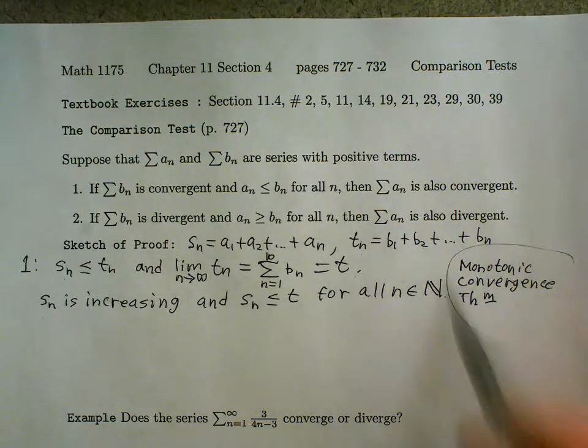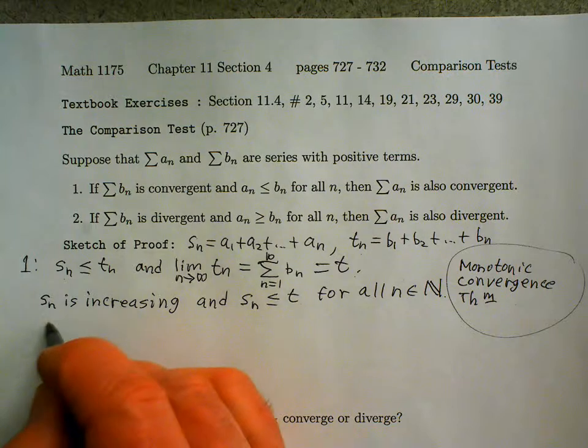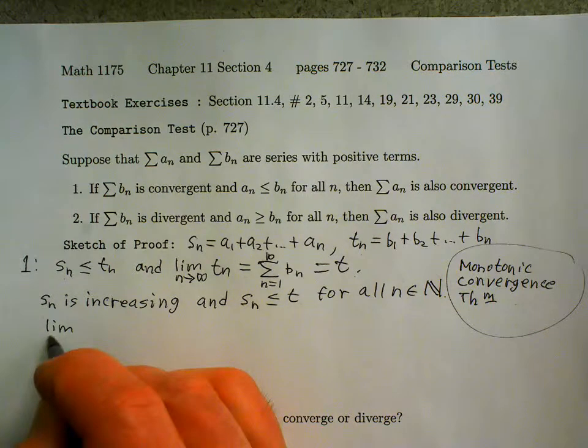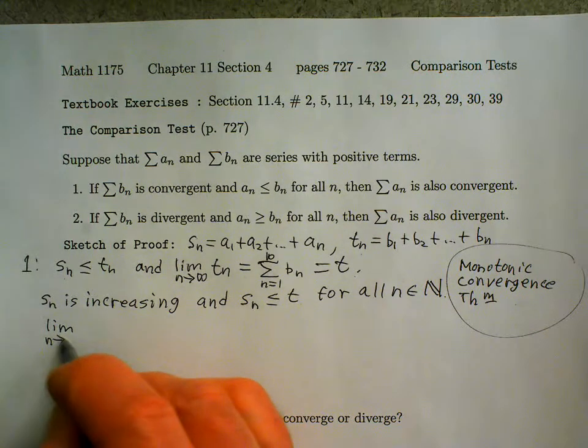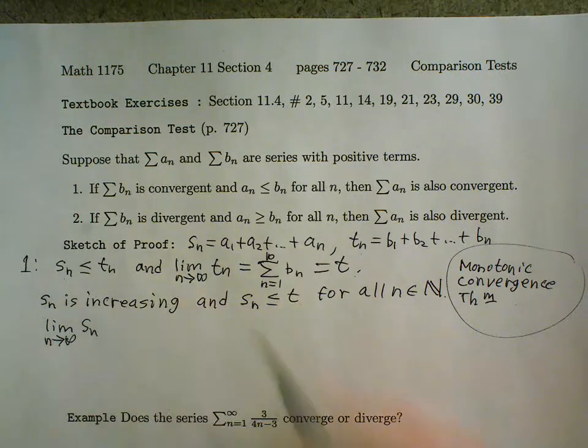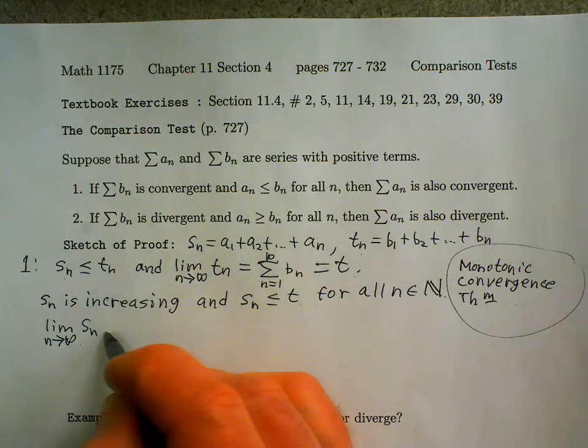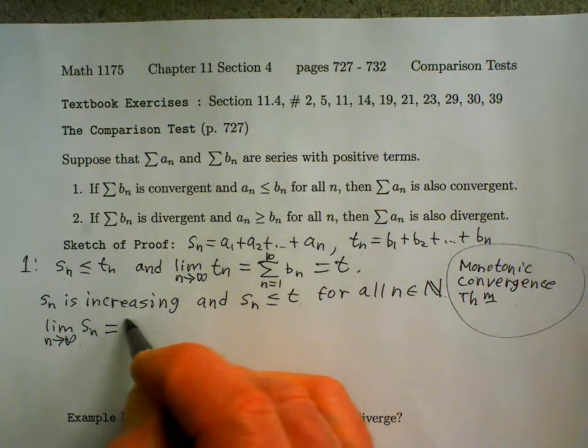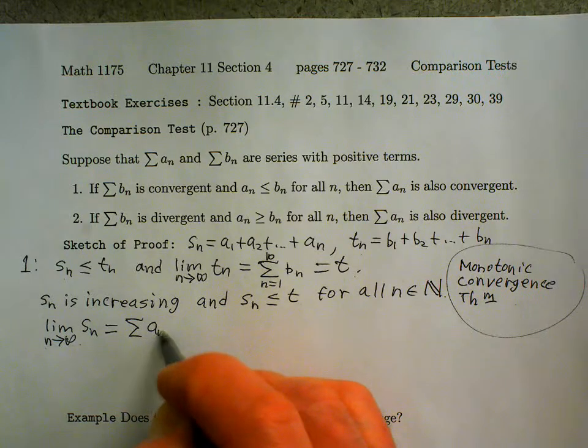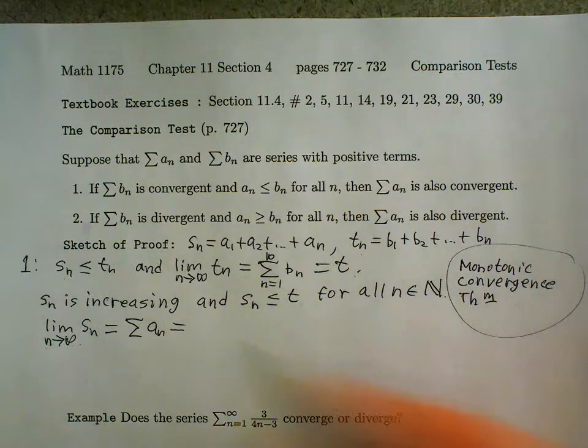So by the monotonic convergence theorem, the limit of S sub n as n approaches infinity, which is equal to the series of the a sub n terms, is equal to some finite number s, we'll say.